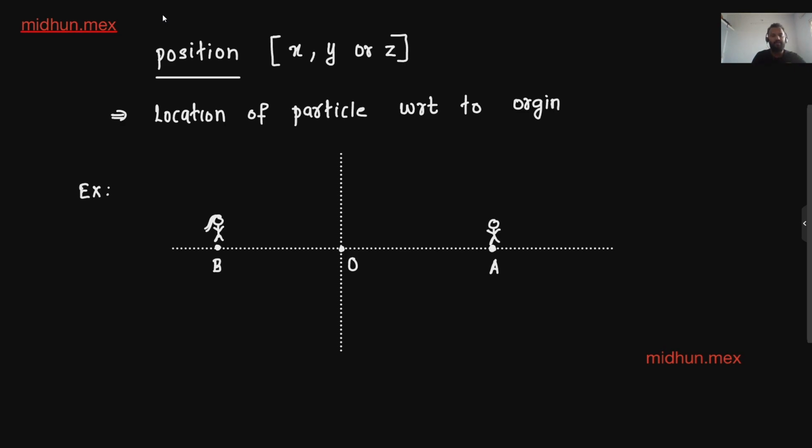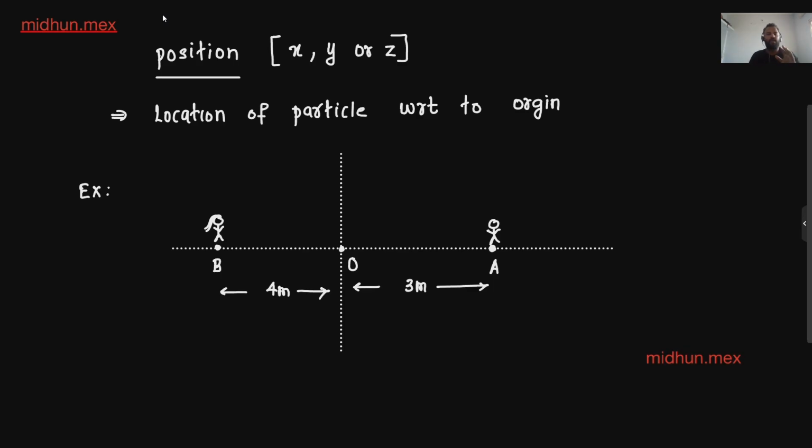Likewise we marked. Since you know the origin, this person A is located at a distance 3 meter from origin, and the lady, the wife, is located, let us say, 4 meter from the origin.